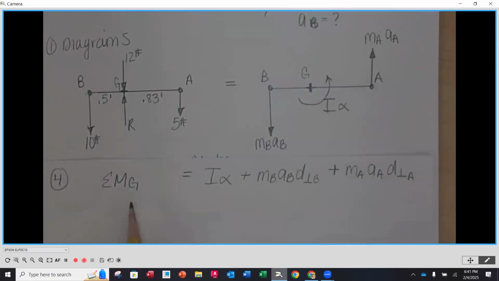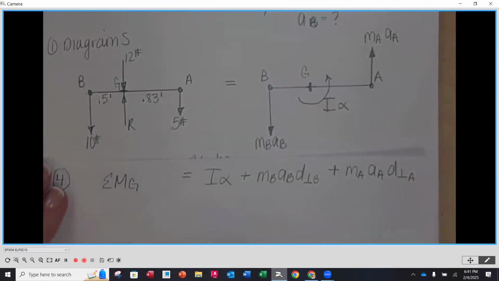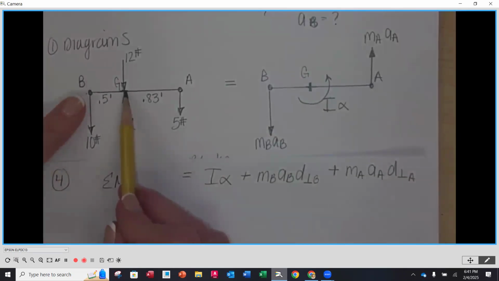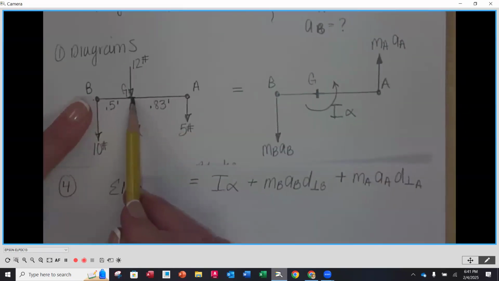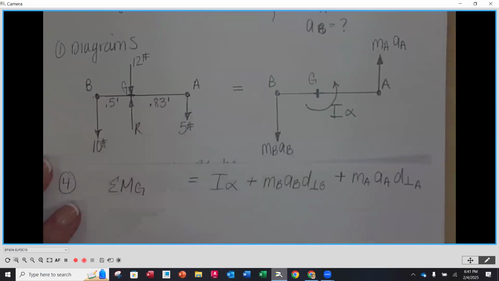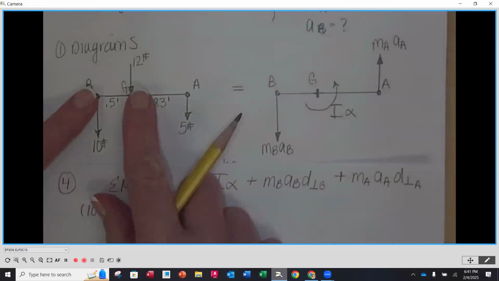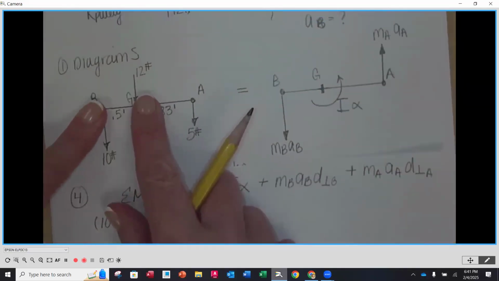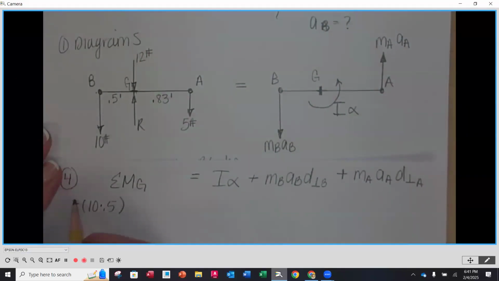Okay, so let's do the sum of our moments around G and then set it equal to our other side. Starting at G here, I've got 10 pounds times 0.5 feet. So I'm going to start way over to the left here. This is going to be 10 times 0.5, and again, that's feet. Remember, we need our distances in feet. When we put our finger on G and rotate in the direction of the force, it is going to be in a positive direction.